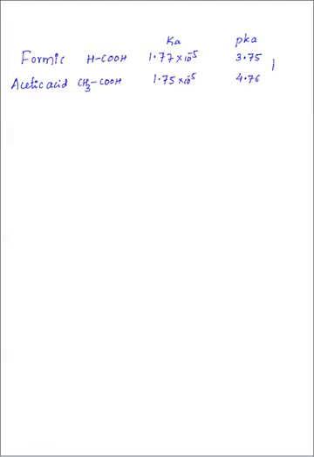If the pKa value is more, then the carboxylic acids are weak acids. If the Ka value is less, then the carboxylic acid has less strength. So among formic acid and acetic acid, formic acid has a Ka value of 1.77 into 10 raised to minus 5, but acetic acid is 1.75, which is less than formic acid.